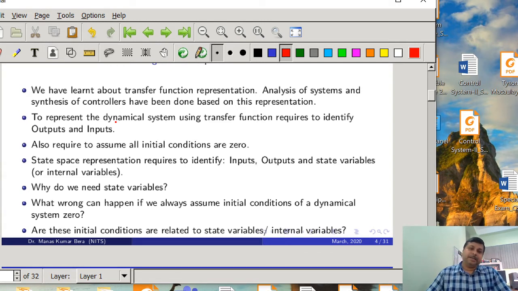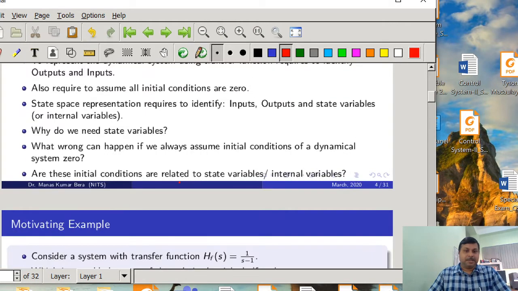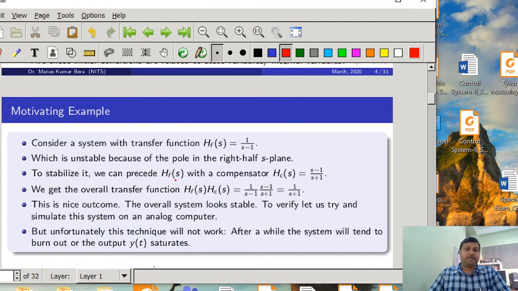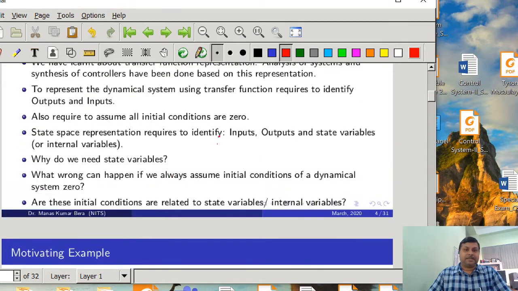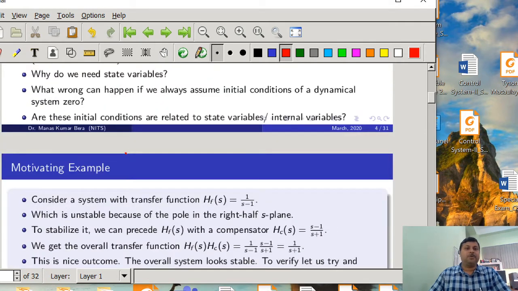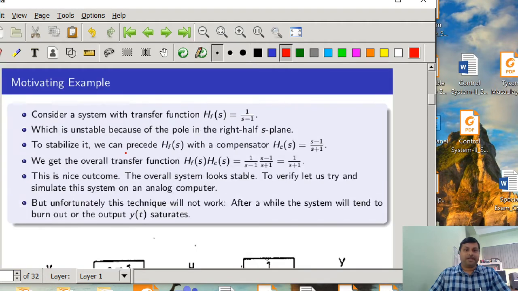Let us discuss how to get the answer to these questions. To understand why we need state variables, what wrong can happen if we always assume the initial condition of a dynamical system is 0, and whether these initial conditions are related to the state variables, we consider a motivating example.